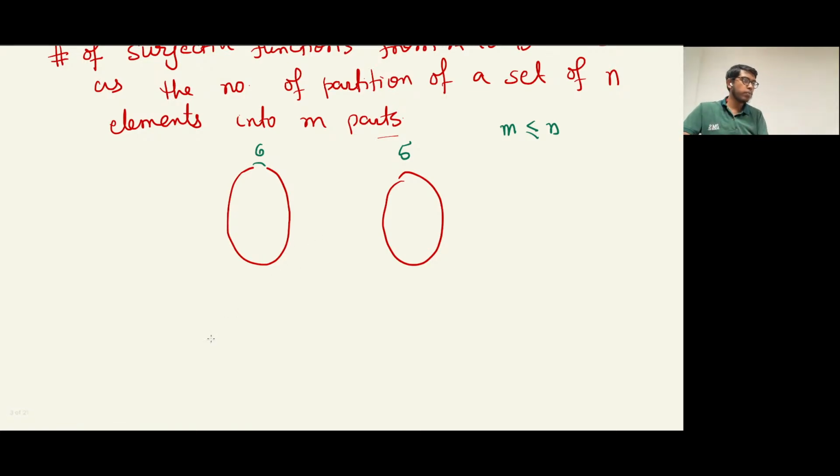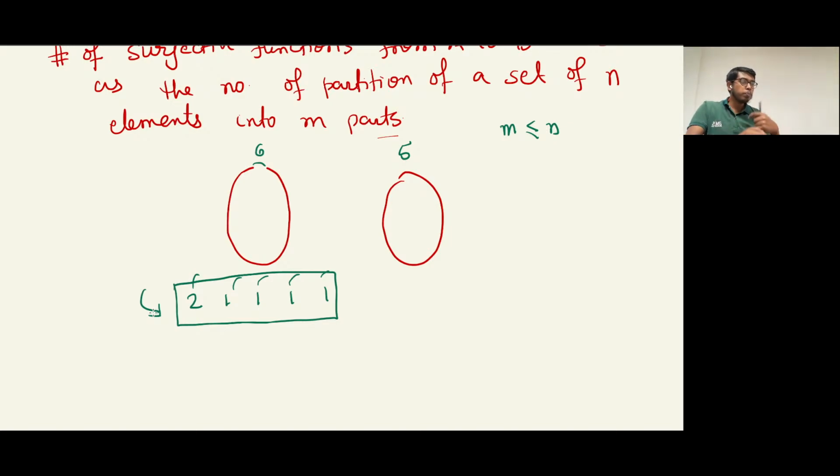How many partitions are possible? I can take 2, 1, 1, 1, 1, and each part has to be at least 1. So this is one partition, 1, 2, 3, 4, 5, 6. This is the only partition possible, and now I can permute it.